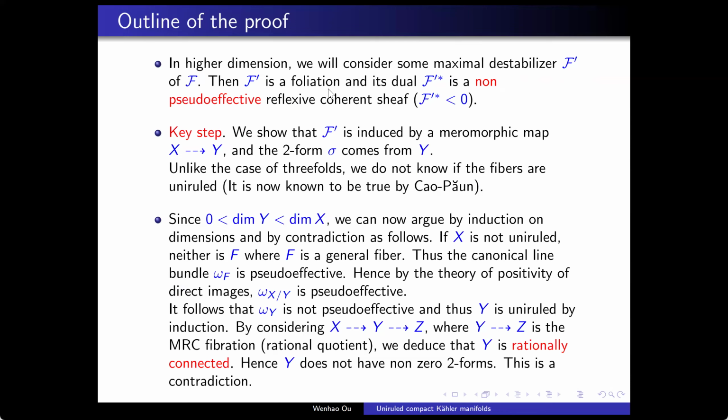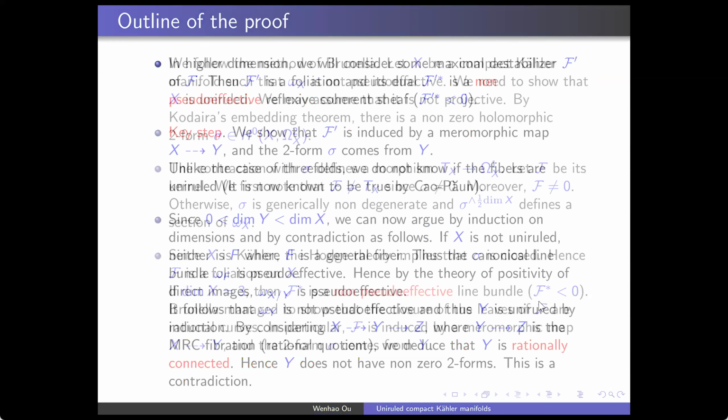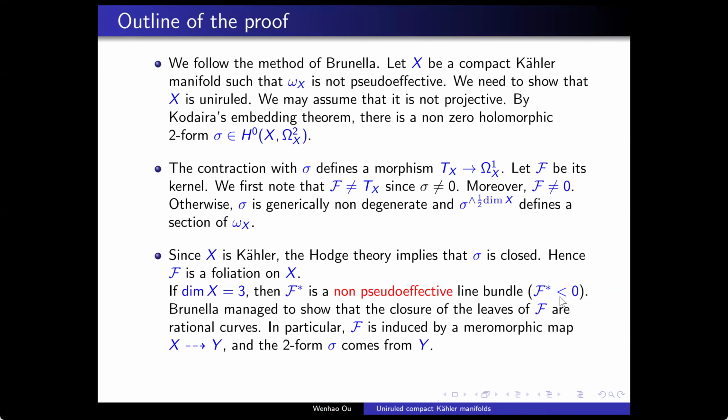Then we can show that F prime is a foliation, and we can talk about its positivity or negativity. Indeed, we prove that the dual F prime star is a non-pseudoeffective reflexive coherent sheaf. So for short, I denote F prime star is negative, which is the same kind of assumption as in the situation of Brunella's proof.